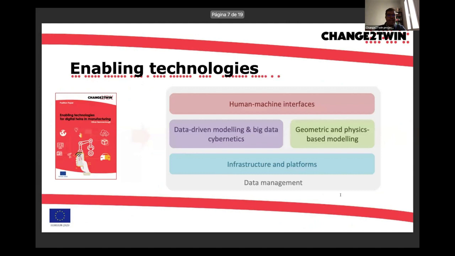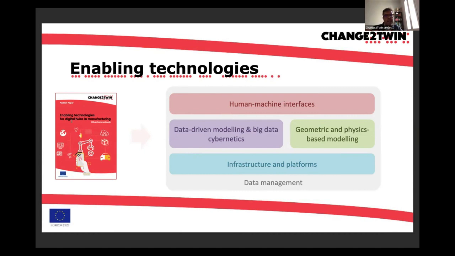So what I did is make a very high simplification of these enabling technologies. To do so, I took a source, a position paper that you have access to on the project web page.